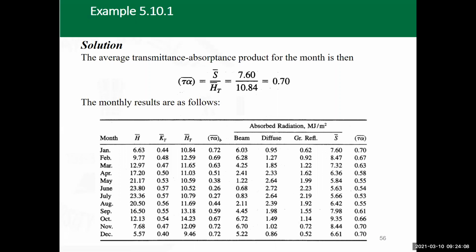Definitely the value of H will change. The value of H naught is going to change, and that's why KT is changing. The diffuse component of the energy is going to change because it is a function of the angles, delta and omega S, which vary from one month to the other.